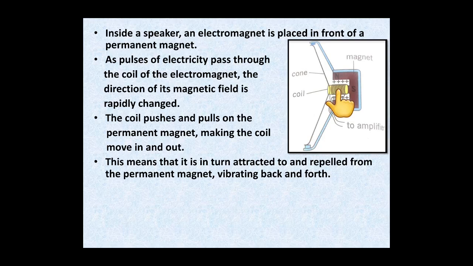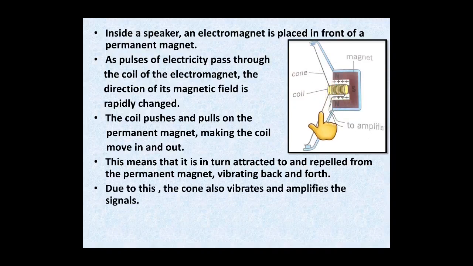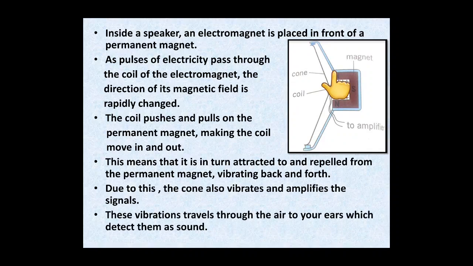Due to this, the cone of the loudspeaker also vibrates and amplifies and strengthens the signals. These vibrations travel through the air to your ears and you detect them as sound.